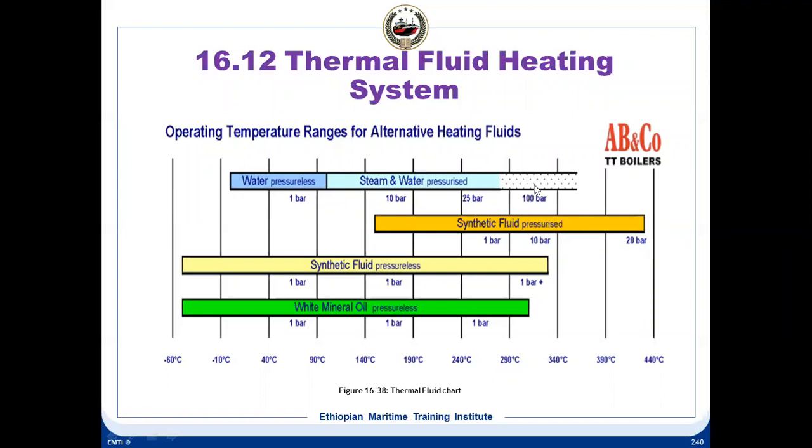So if we have 100 bar, and if the temperature requirement was here, say this is 320, we are already talking about 100 bar. And then the pressure vessels which you require will be very, very special. The components of that will be very special.